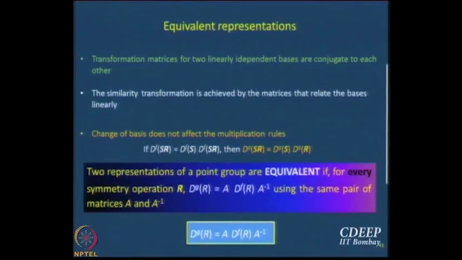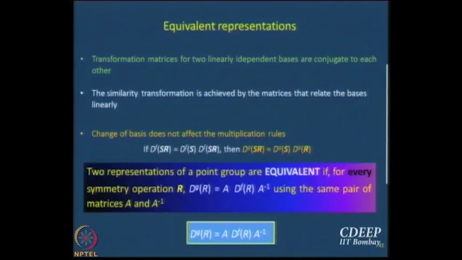So now to conclude, what we have done after all this exercise is that we have arrived at this very important concept of equivalent representations. Equivalent representations.